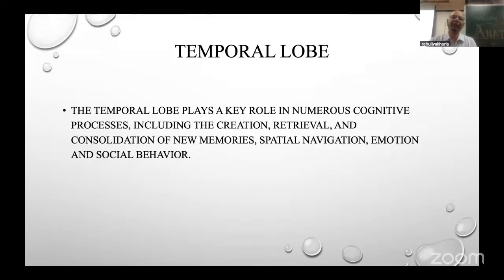The temporal lobe plays a key role in our cognitive functions: creation, retrieval, and consolidation of memories; spatial navigation, such as how you go from Nair to your house, or from Nair to Maratha Mandir; emotions and social behavior. How do you behave in the class? On the road? In the society? The temporal lobe, hippocampus, and limbic system play a very important role in this.